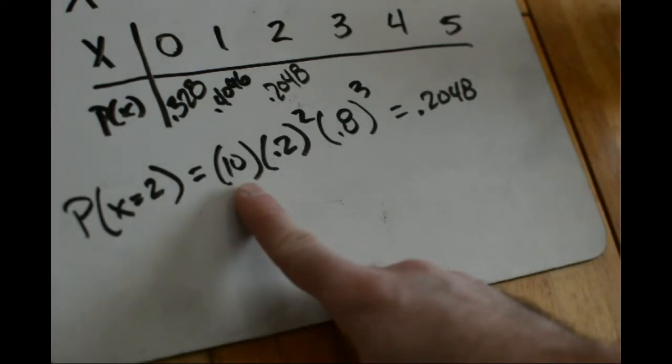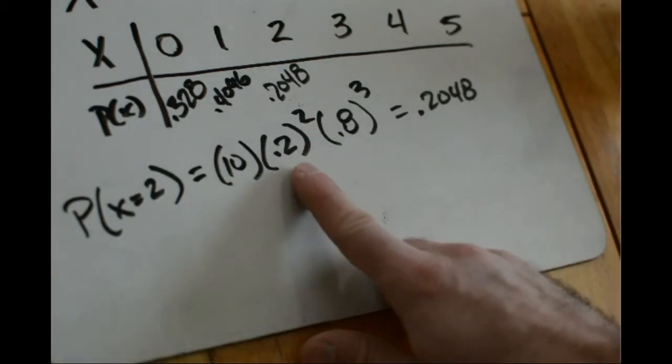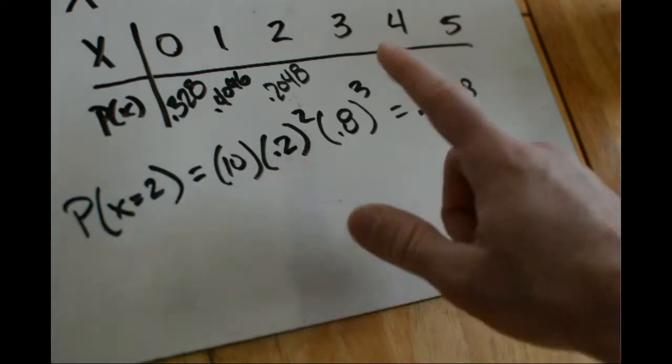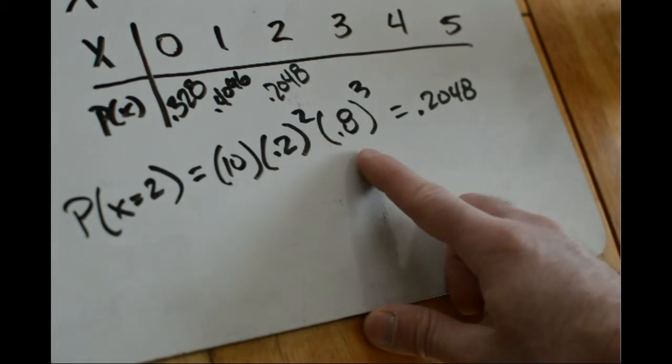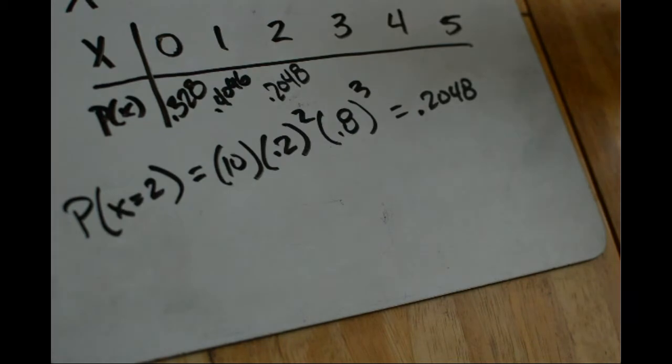We have this first number here, that is how many ways you could see a certain number of successes. Then we took the probability of success raised to how many successes we had, times the probability of failure raised to how many failures we had. And in general, this is the form that we're going to see for the binomial probability formula.